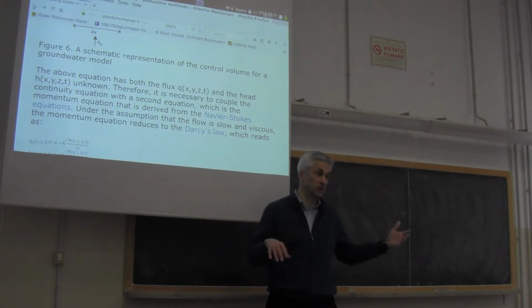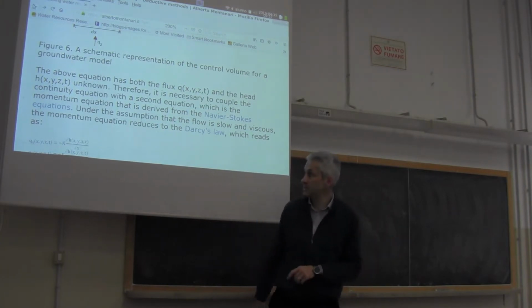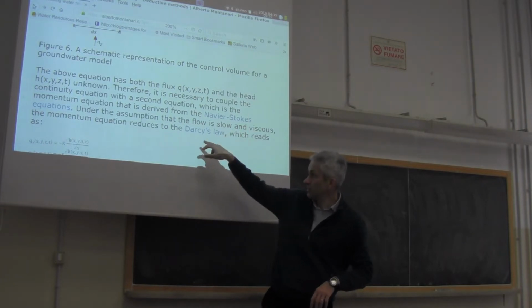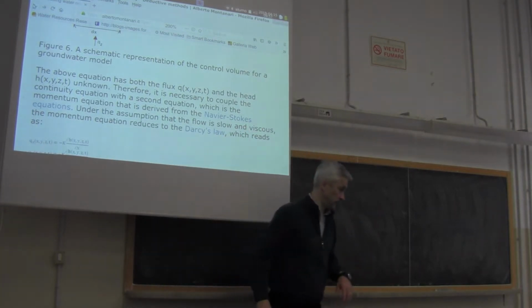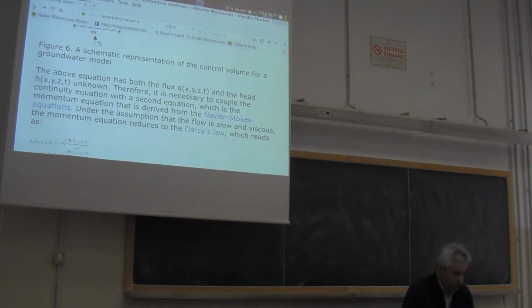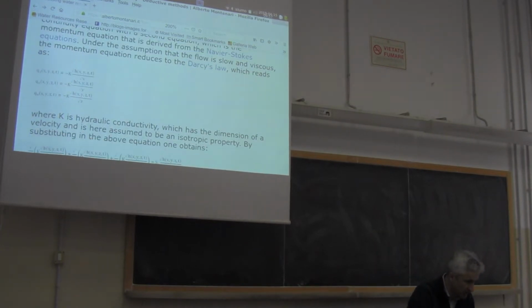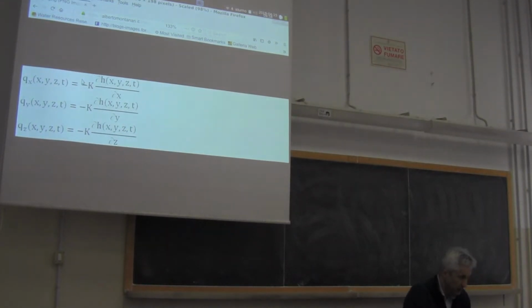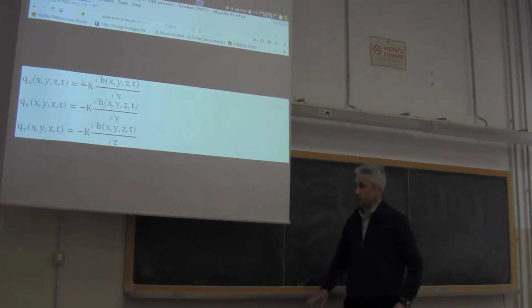In fact, he was the first that through lab experiments defined a relationship between the change in head and the flow in the three directions.